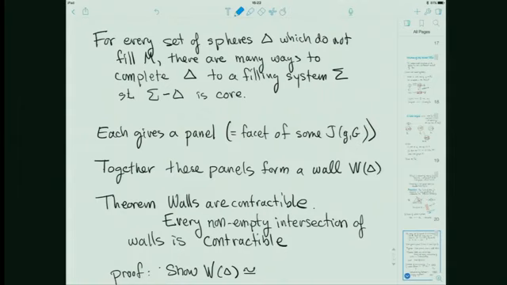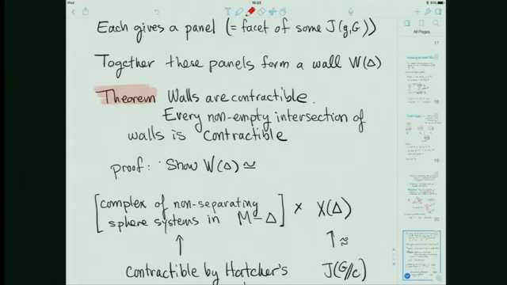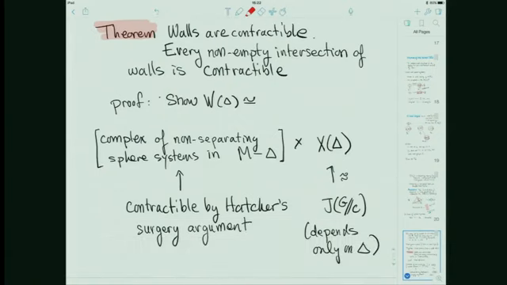They all fit together, and the claim is that together all of these facets corresponding to this particular set of spheres, which doesn't fill the manifold, give me a wall. And the theorem is that all of these walls are contractible, and every non-empty intersection of walls is contractible.